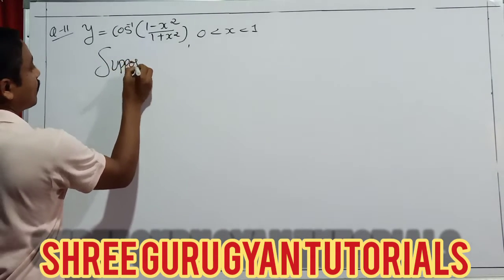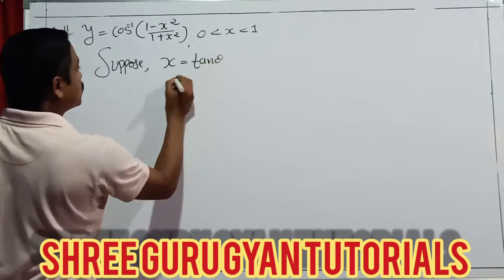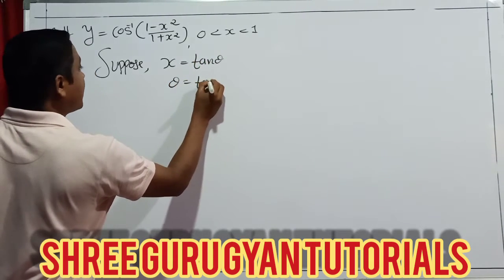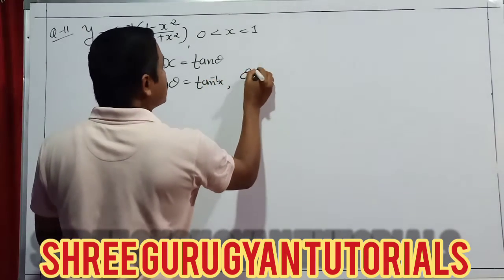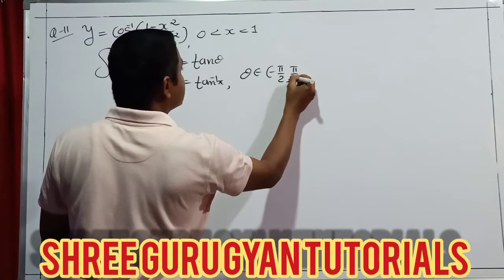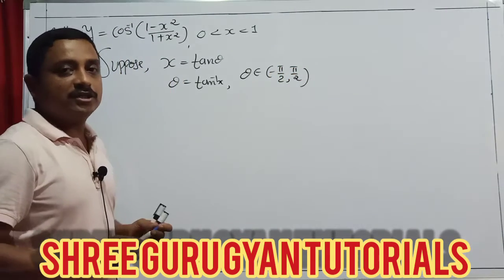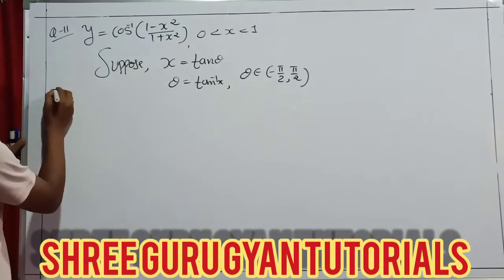Suppose x is equal to tan theta. So what is theta? Yes, tan inverse x, where theta belongs to our range minus 90 to 90, the same range is compulsory, students, you must show. Now what is y?